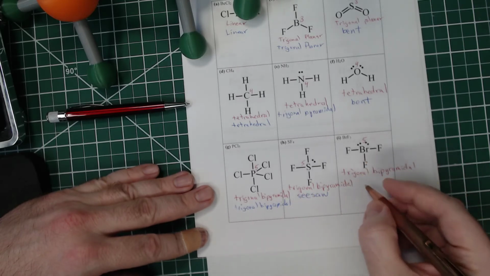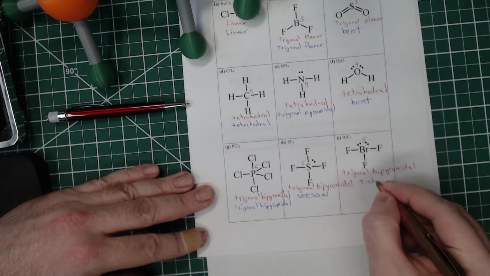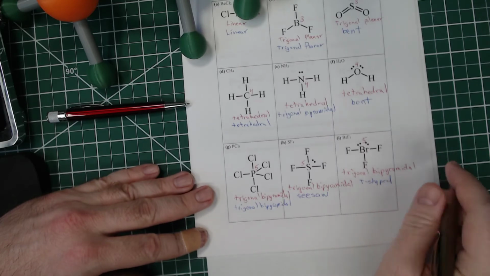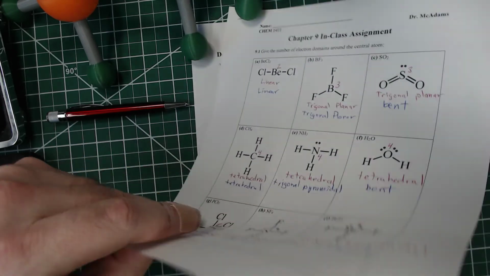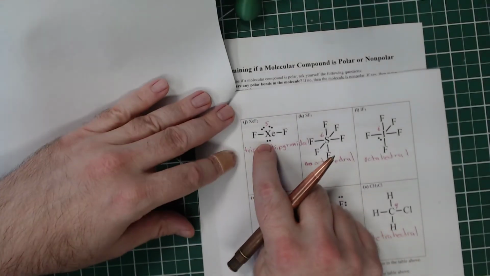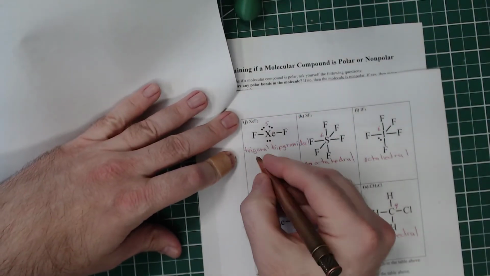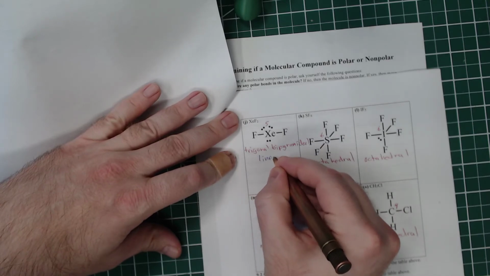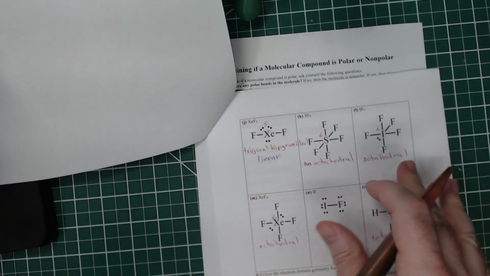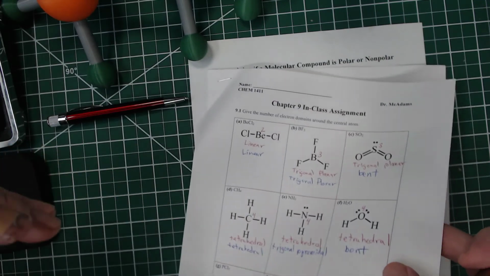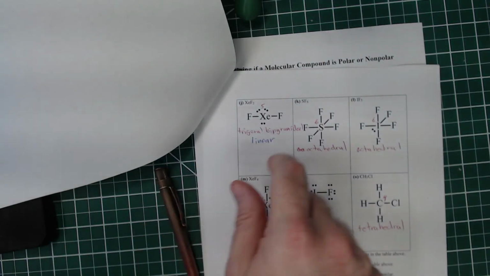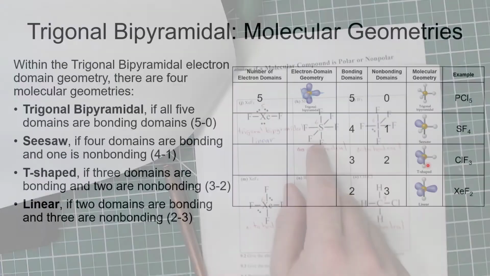This one, the 3-2, is T-shaped. And then here, this one, the xenon difluoride, this one is linear. That one is linear. All right, we're going to look at that here in just a second.